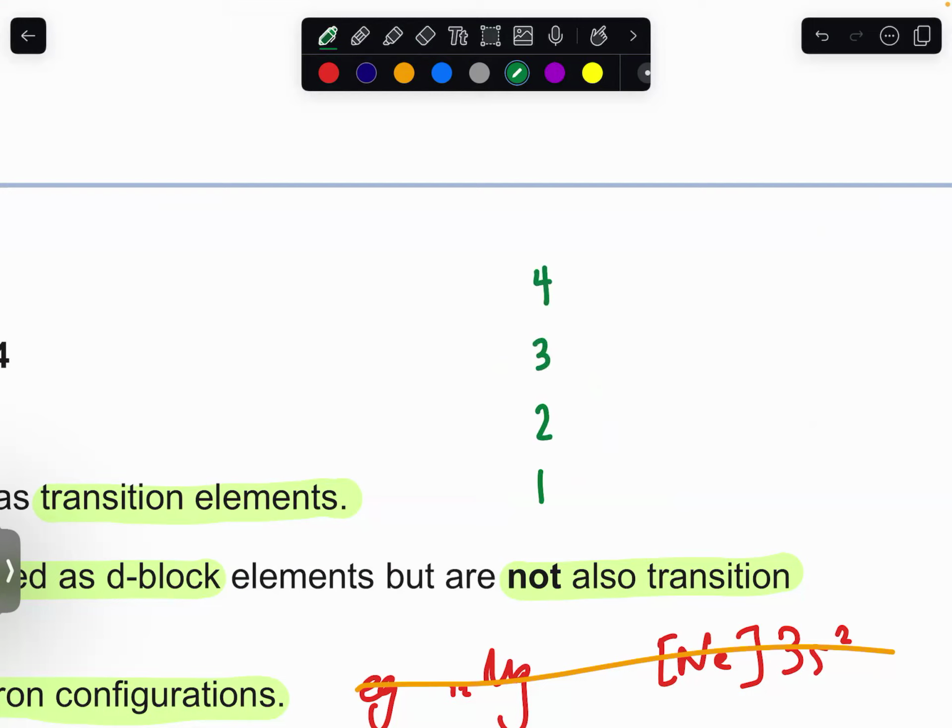The first electron shell only has 1 subshell, the S subshell.